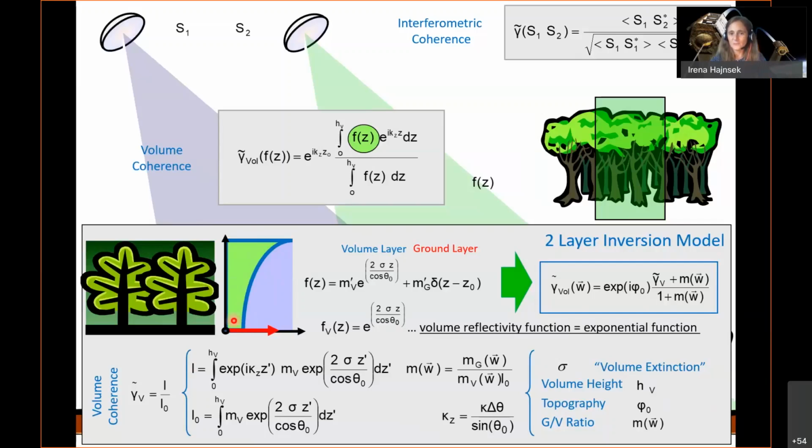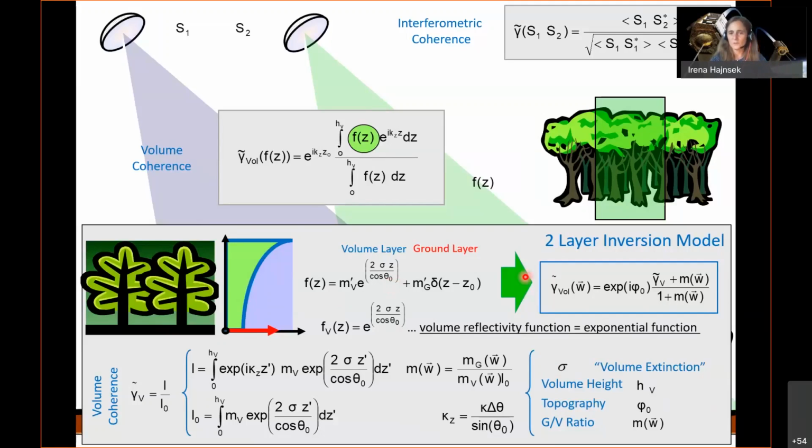Like this, we can now parameterize f of z in terms of sigma. Sigma is for us the extinction coefficient, an important parameter. What does it mean? It is an estimation of the distribution of the wave, or the propagation of the wave into the layer. So that's our sigma defined here.